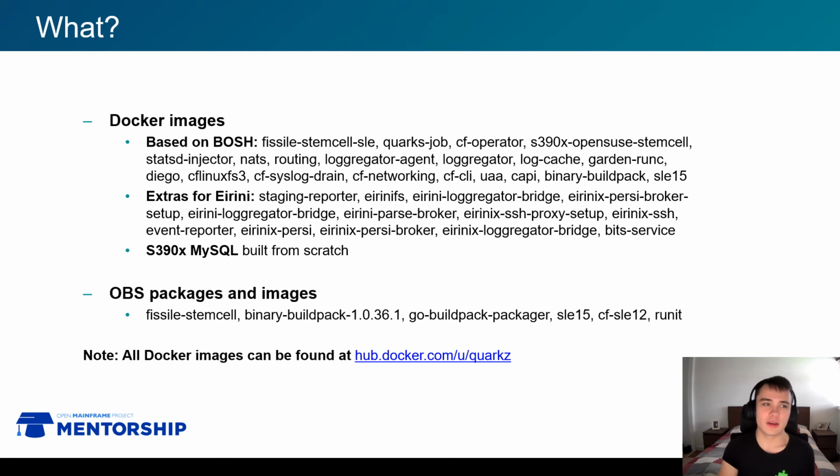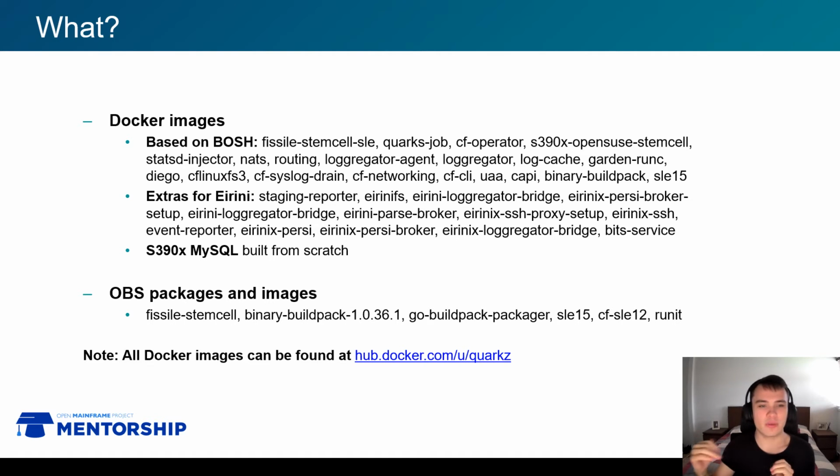So next, what have we actually built for the project for KubeCF to work on Z? So we've built a bunch of Docker images based on three categories. So we had the ones based on Bosch, which is used to deploy software packed releases.